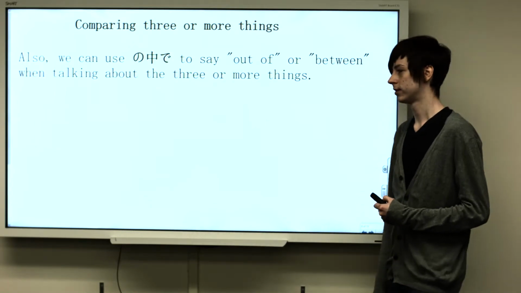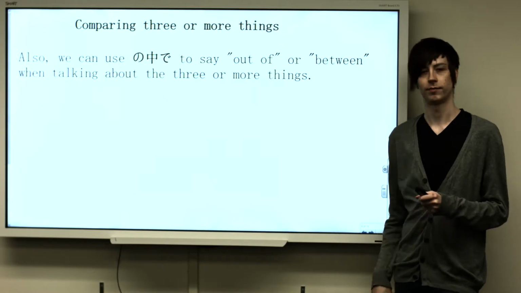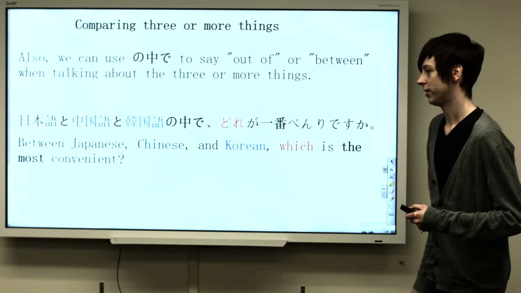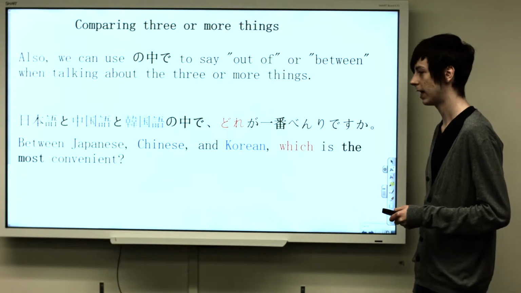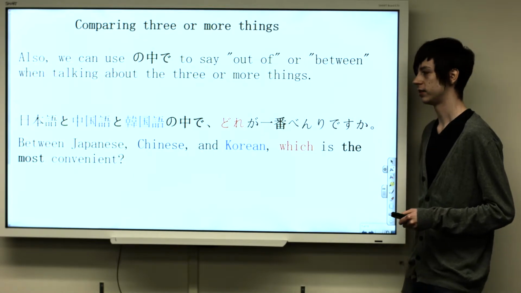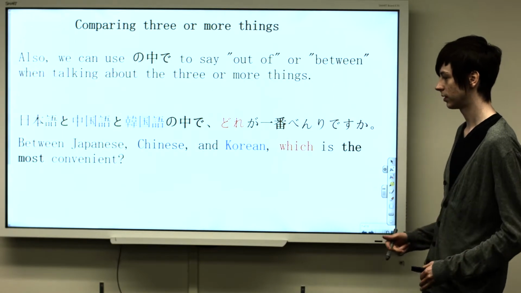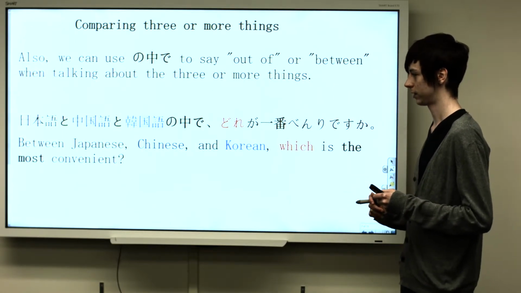Okay. We can also say no naka de to say out of or between when we're talking about 3 or more things. Let's look at an example. 日本語と中国語と韓国語の中でどれが一番便利ですか? So between Japanese, Chinese, and Korean, which is the most convenient?